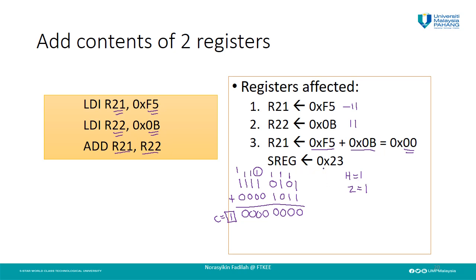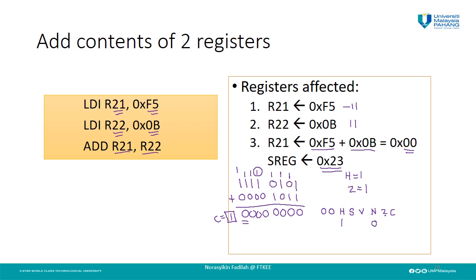So the status register will be updated to hexadecimal 23, because we have 00 for the first two most significant bits, and then we have the half carry bit, which is 1. And then N is the negative flag, which depends on the most significant bit of the result. So N is 0 since it is positive.